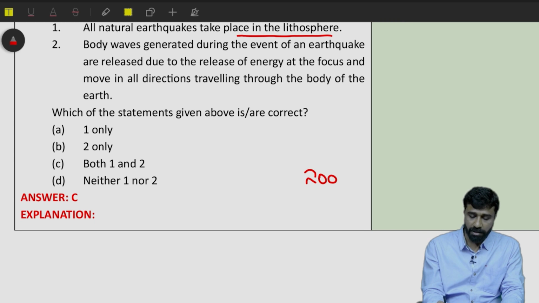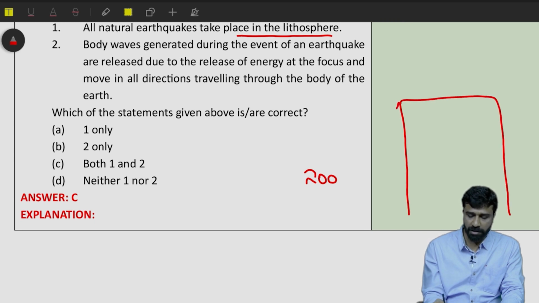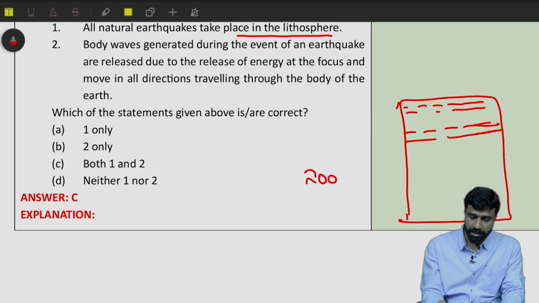Okay, suppose this is earth's interior, the upper layer is crust, and exactly 200 kilometers beneath this crustal part, including the crustal part, is called lithosphere, right?